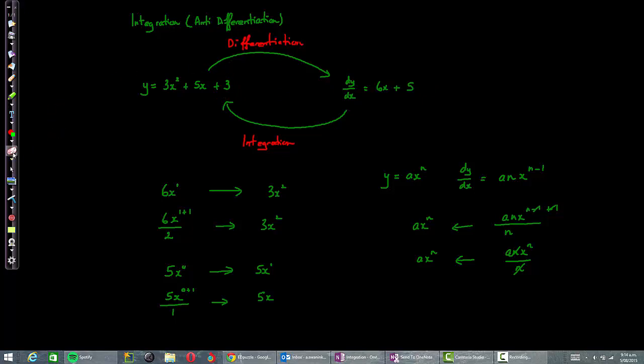Because consider, if I change that constant to something else, so instead of plus 3, it might have been plus 17. But when you derive 17, it still gives 0. So there's no way, if you start with the derivative, of knowing what this constant at the end might have been. It could be 3, it could be 17, it could be negative a million, it could in fact have been just 0.